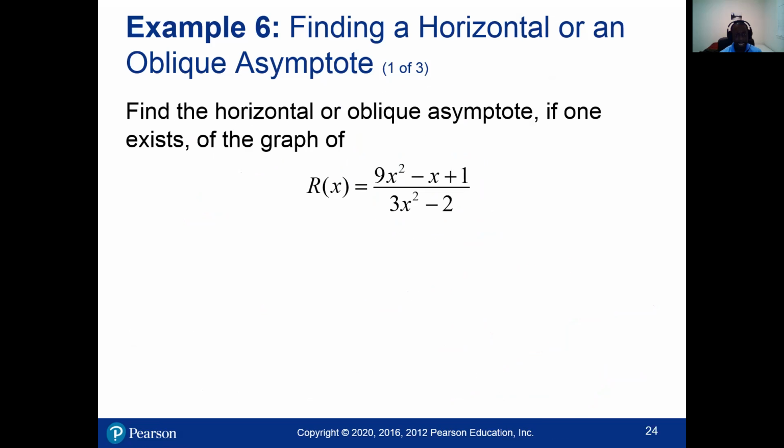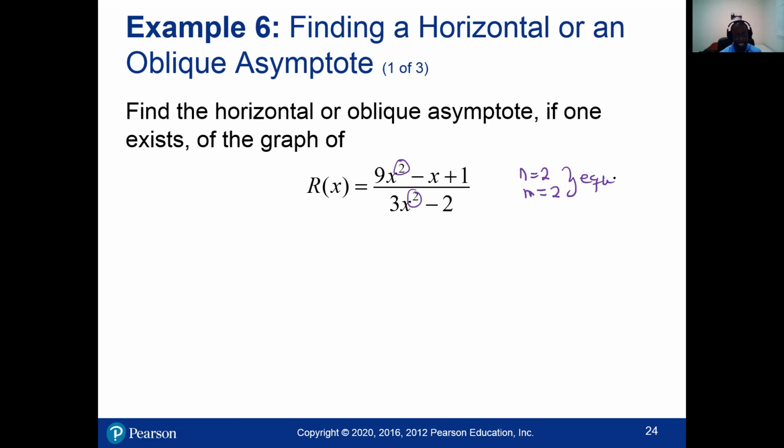We have r of x, a rational function, equal to 9x squared minus x plus 1 over 3x squared minus 2. Now notice that the degrees are the same. That is one of the cases. If the degrees are the same, my n is equal to 2 and my m is equal to 2. They are equal.